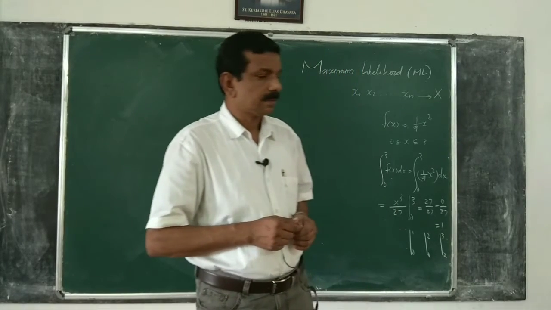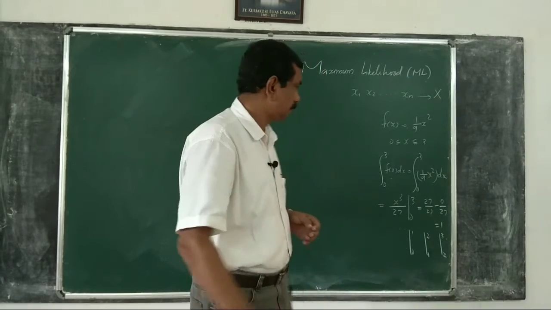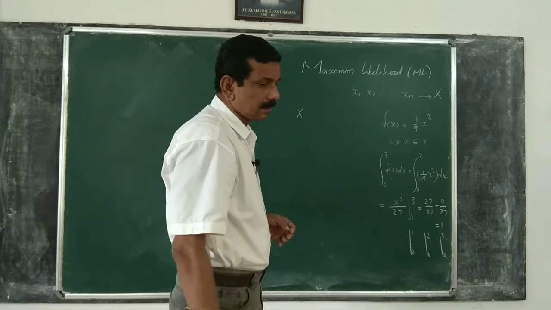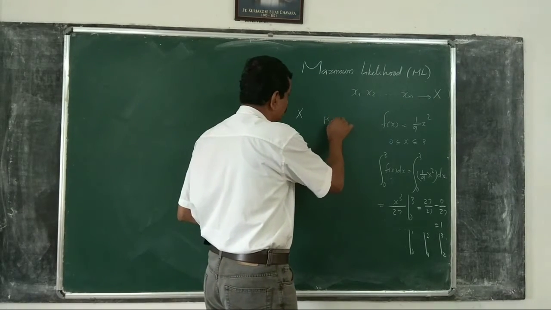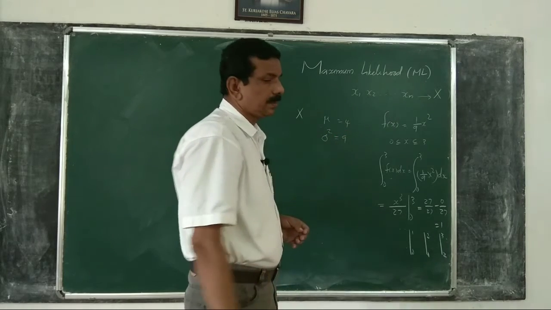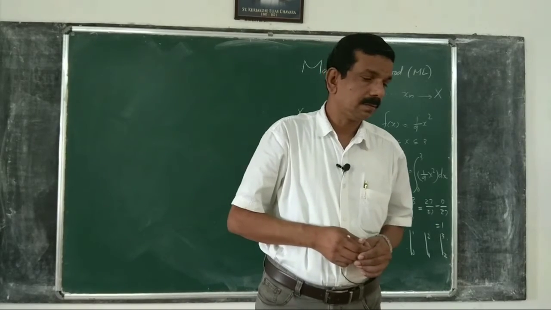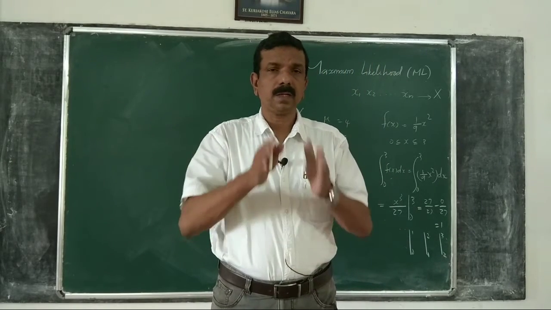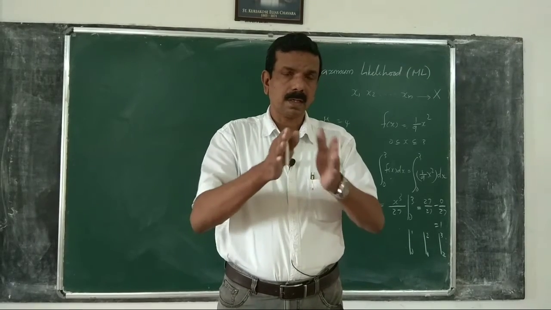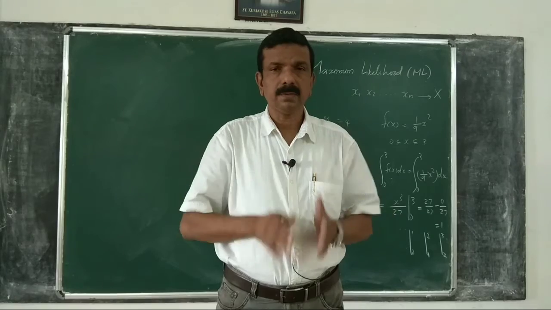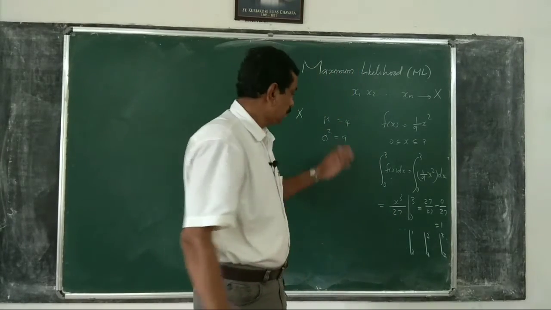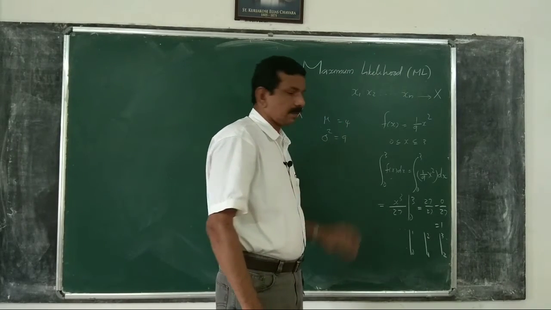Now suppose that x, the random variable, is normally distributed with a mean equal to 4 and variance equal to 9. Mu is equal to 4 and variance is equal to 9. And we want to find out the probability of x assuming a certain value or values within a range, given mu and sigma square.